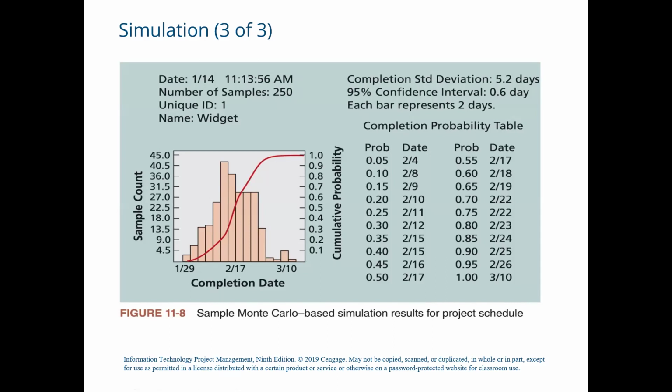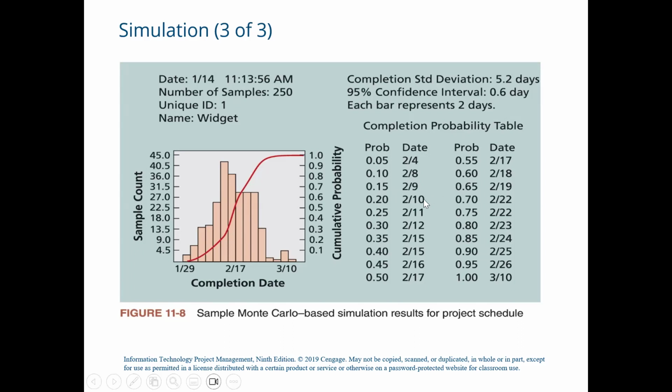The first column shows that the project was completed by January 29 only 2 times during the simulation. The S-shaped curve shows the cumulative probability of completing the project on or before a given date.